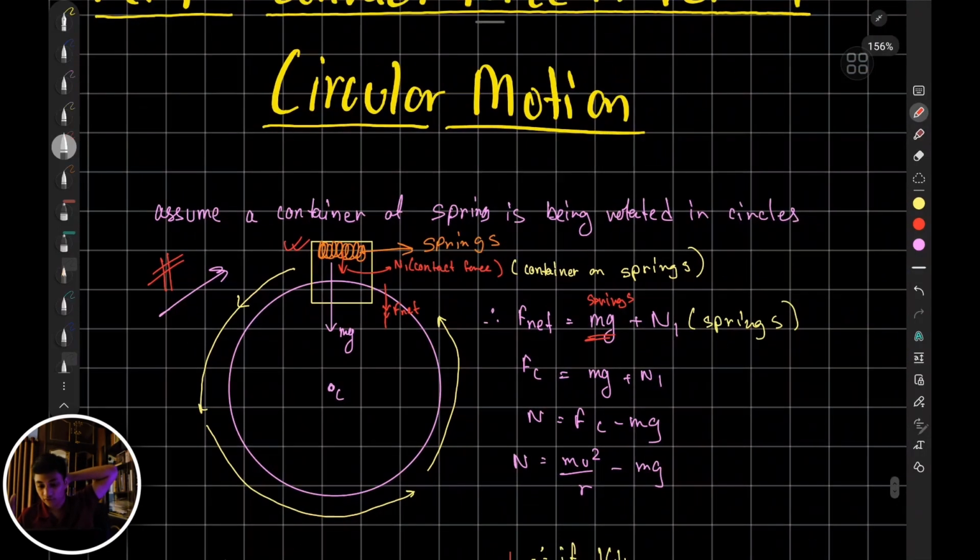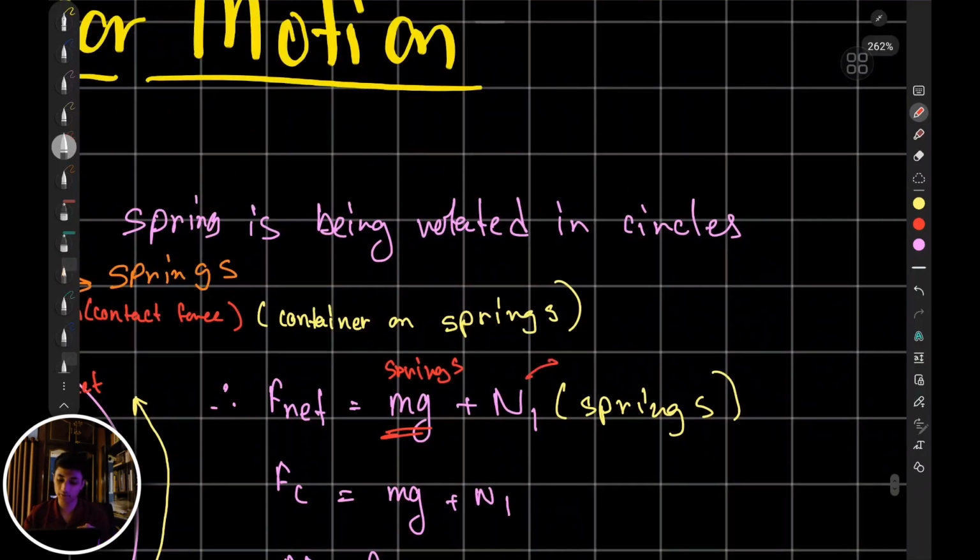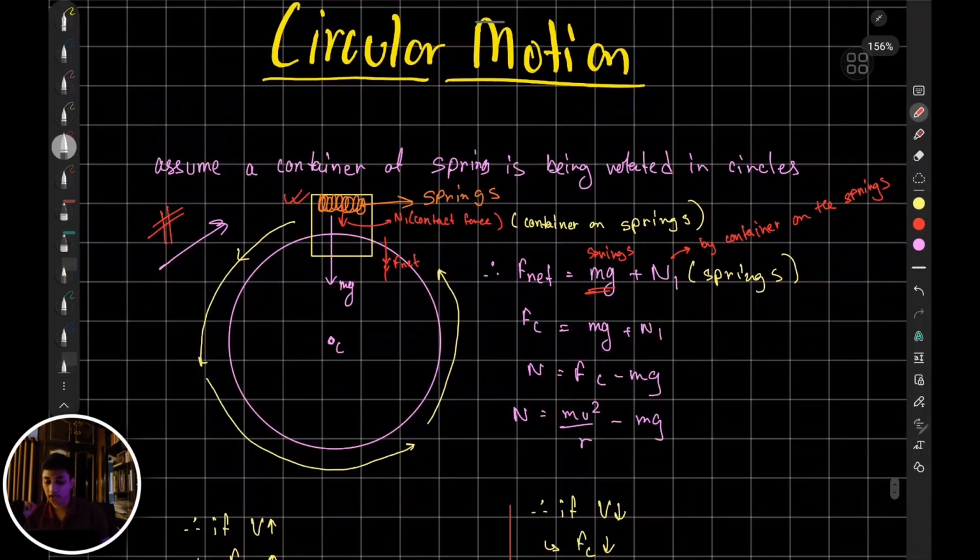So if we want to figure out the F net or the sum of forces, the resultant force is going to be given by the weight of the springs and the reaction force by the container on the springs. So let's write it down. Great. So now we know our equation.